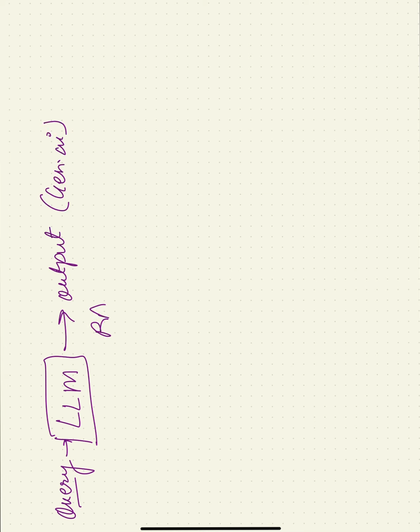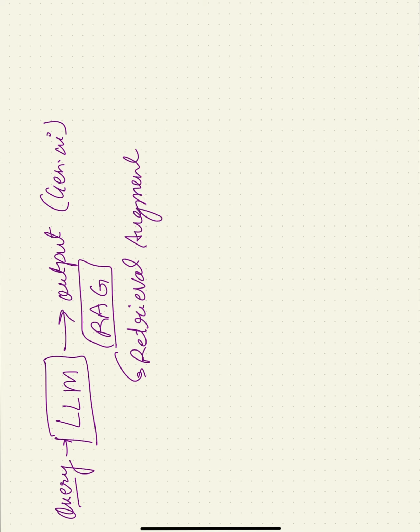Okay, we input it, and then instead of directly giving it to the LLM to get some output, which is actually generative AI, we implement RAG. RAG is Retrieval Augmented Generation.